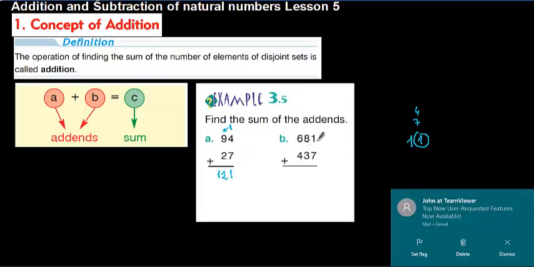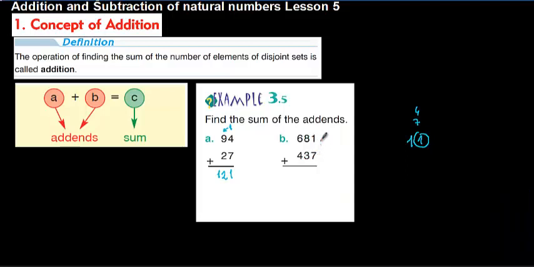Here, the second addition, 681 plus 437. 1 plus 7 is equal to 8. We don't have any extra. 8 plus 3 is equal to 11 again, and we write 1 and carry the 1 to the next digits. 1 plus 6 plus 4 is again 11, and this time the operation is finished.